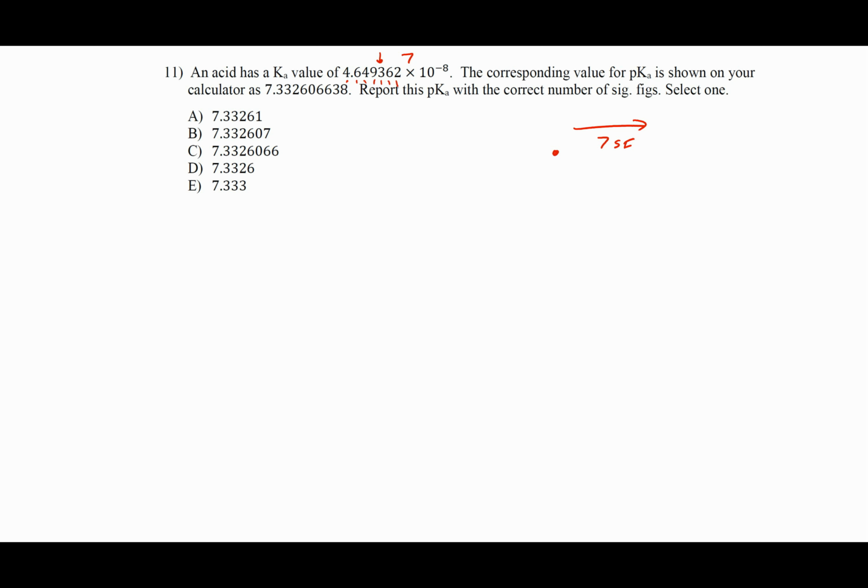So let's see which answer has 7. Let's start with the longest one. 1, 2, 3, 4, 5, 6, 7. Bingo, we found it. Everything else is too short. Answer is C, because this is a logarithm, because the minus log of the Ka equals the pKa.